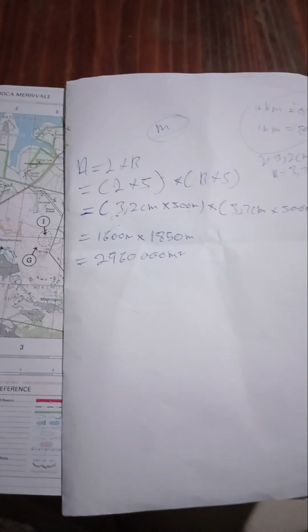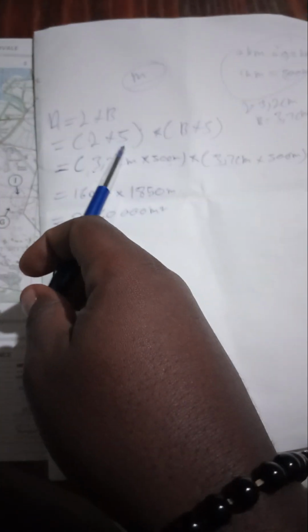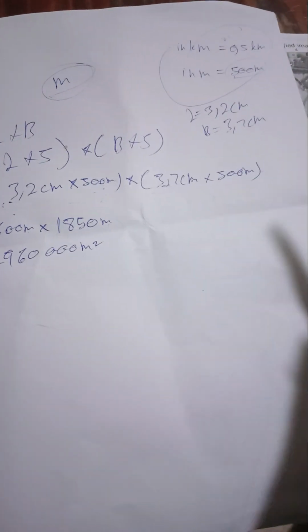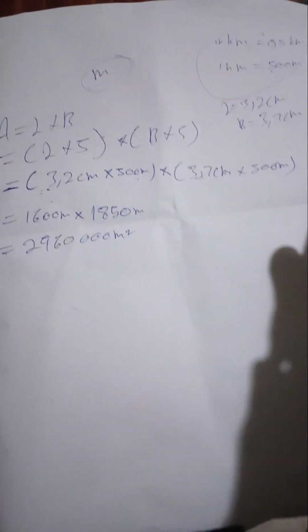So we are going to say length times the scale, multiplied by breadth times the scale. So 3.2 centimeters, which is length, we multiply by 500 meters because they said that you must calculate in meters, multiplied by 3.7 centimeters, which is breadth, multiplied by 500.